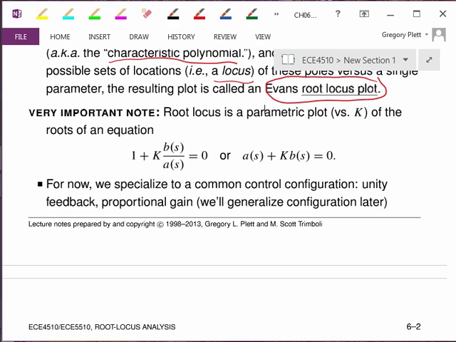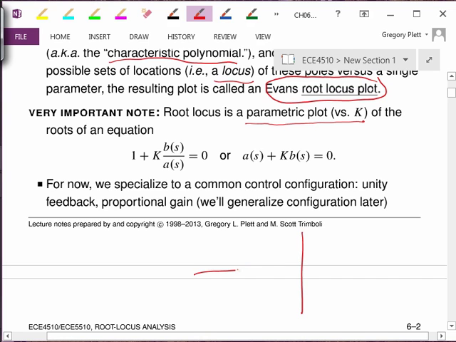but we can apply that to control systems to get a specific understanding, especially if we focus on the unity feedback case. By the way, before I get to that, when I say it's a parametric plot, what that means is that I'm going to draw an S-plane, and I'm going to draw where certain poles go.